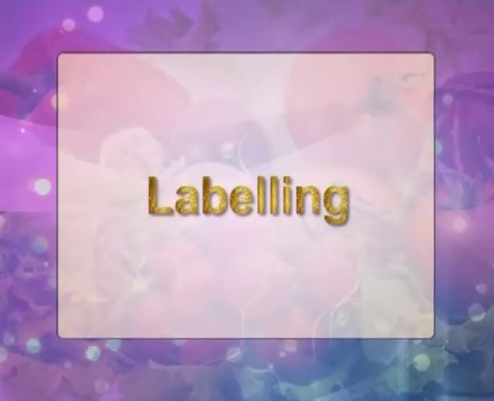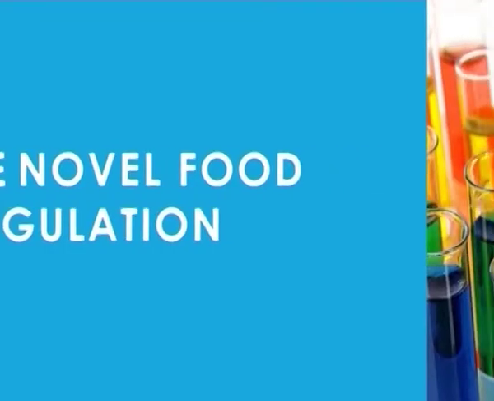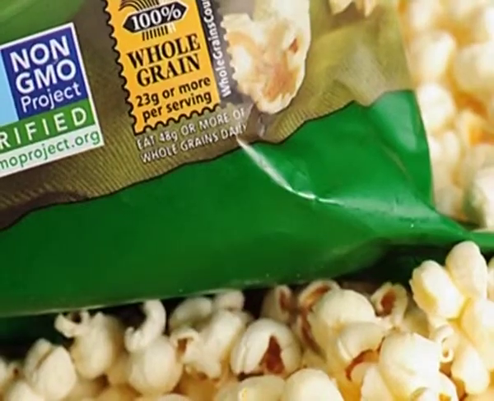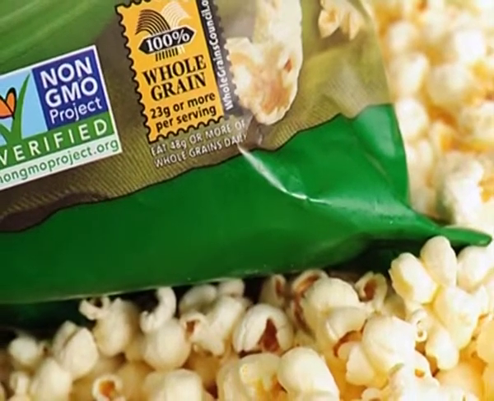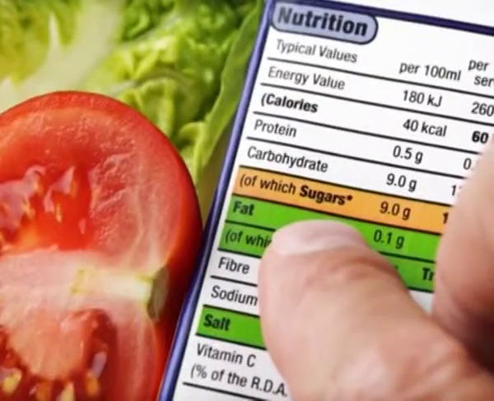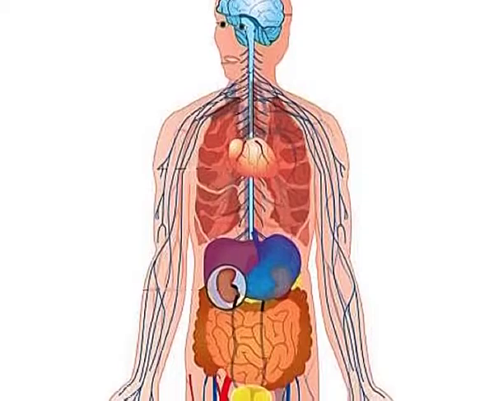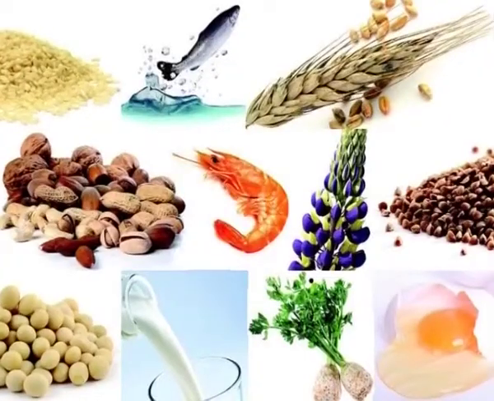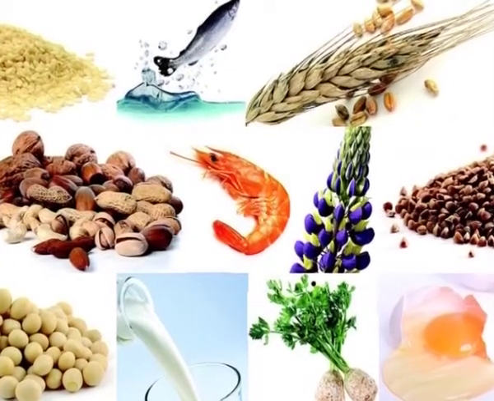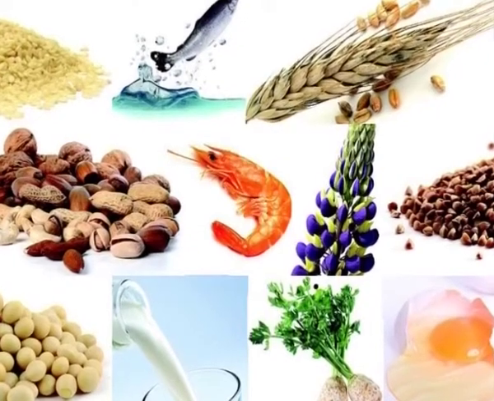Labeling. In short, the Novel Foods Regulation requires that labeling should be applied if the GM food differs from the equivalent familiar food due to a change in composition or nutritional value. Consumption of the GM food has health implications. For example, an allergen is present that is not present in existing equivalent food.